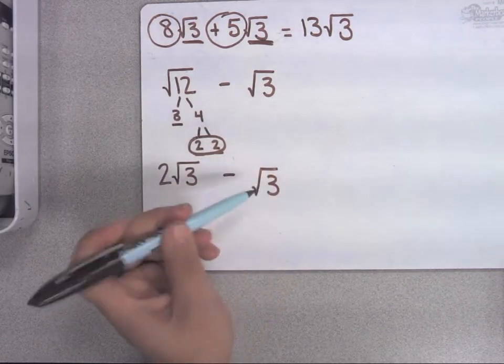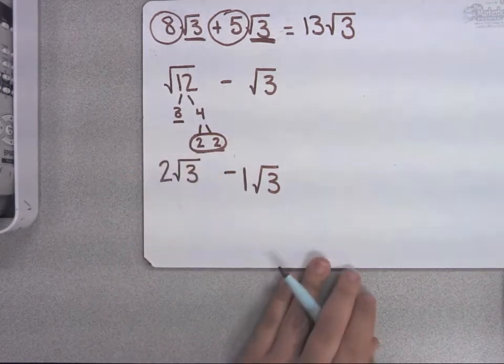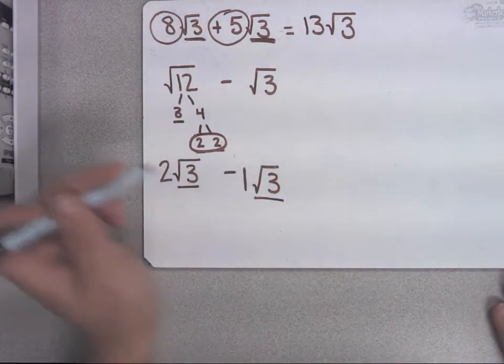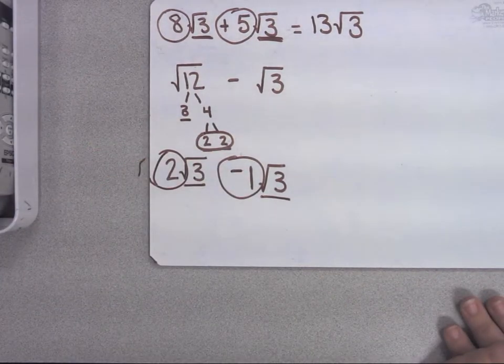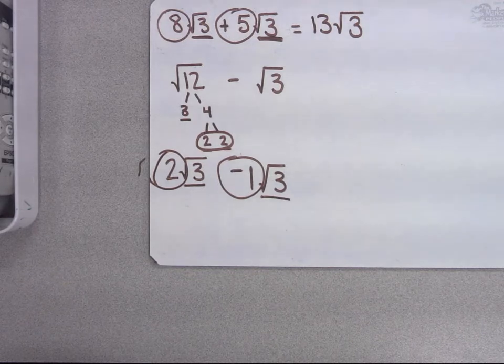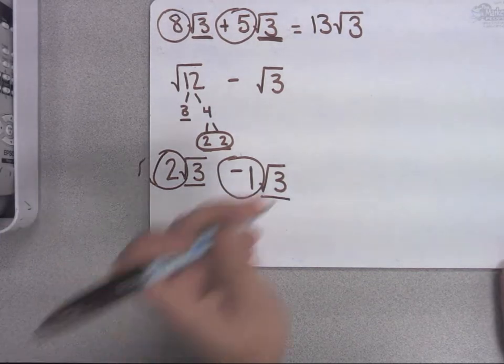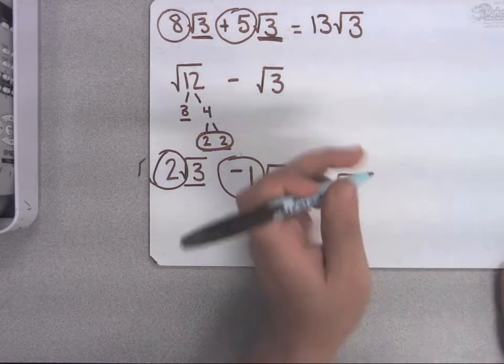What number is technically in front of this radical 3? 1. Now, are these radicals the same? Yes, so what do we do with our outside numbers? We actually subtract them. So we have 2 of them minus 1 of them. So how many's left? So I have 1, and what goes after it? Square root 3.